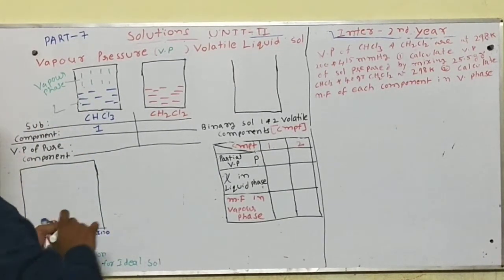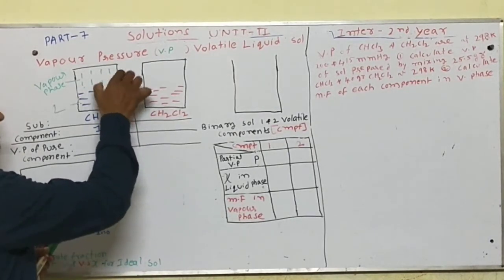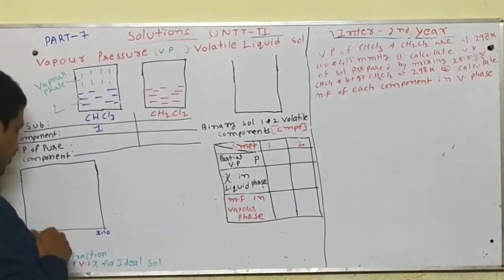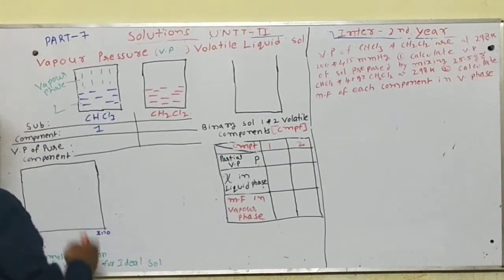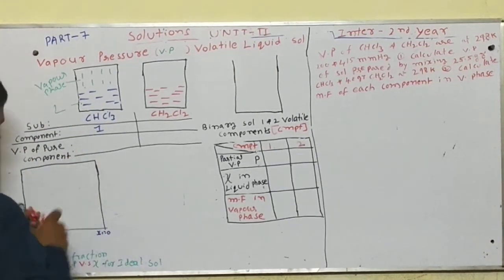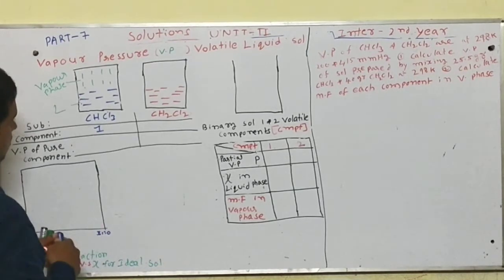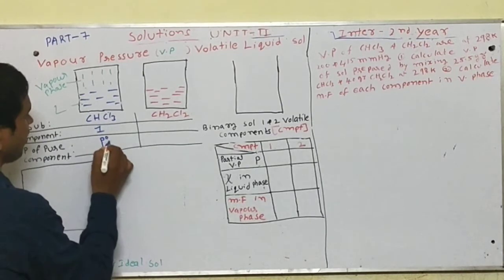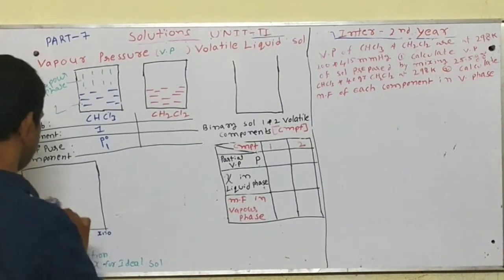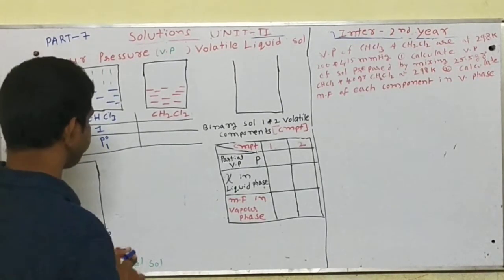And this vapor exerts some pressure on this liquid phase, and that pressure is known as vapor pressure. And it is denoted by P01.